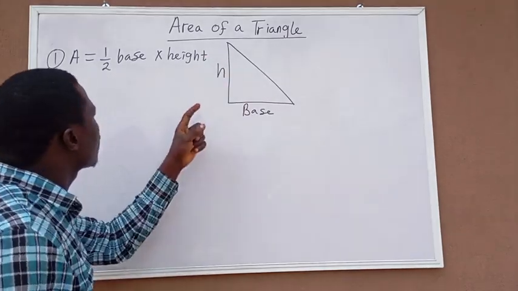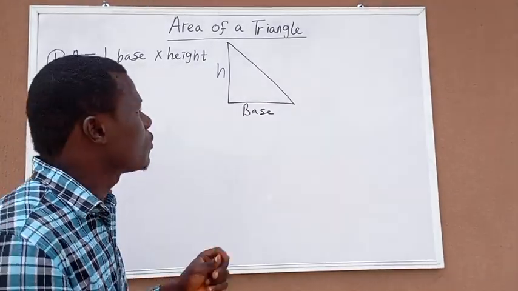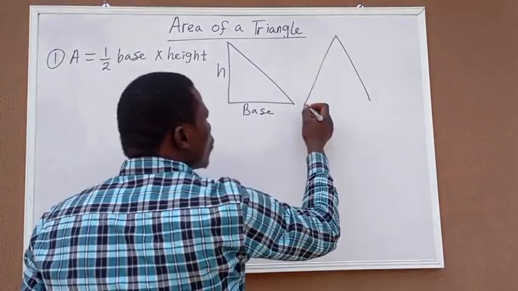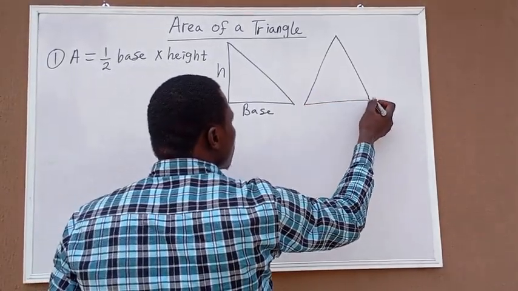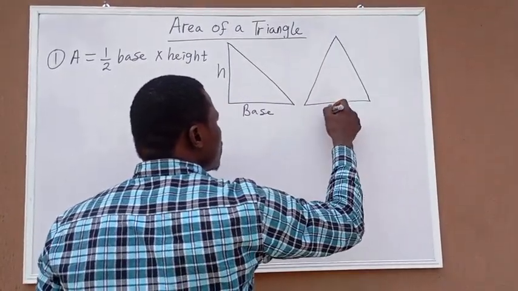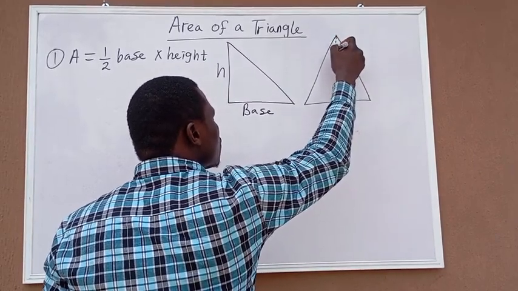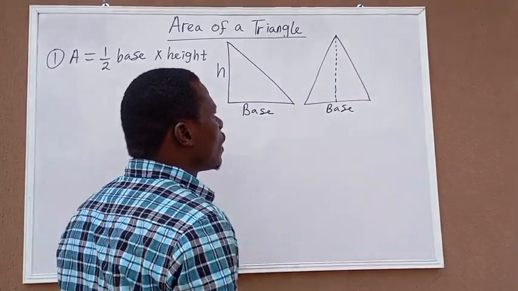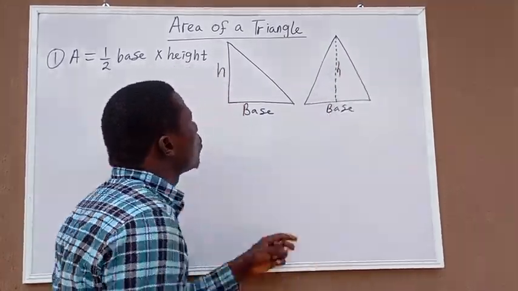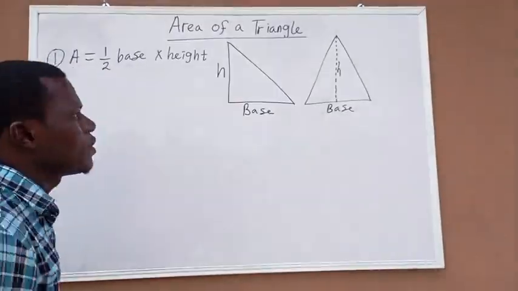So you multiply these two and divide it by 2, and that gives you your result. The triangle could also appear like this. So we have this as the base, and then there's usually an altitude over here. So this is the height. If you have either of these two, you apply half base times height.